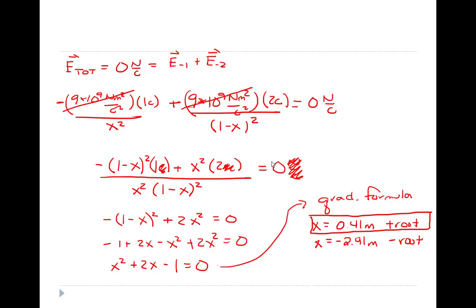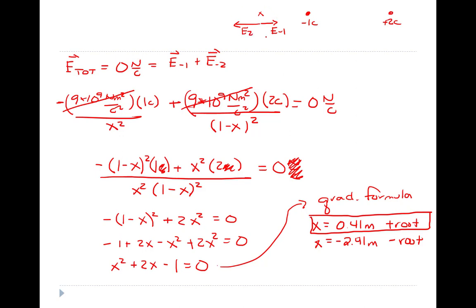So let's talk about that negative 2.41 meter answer. That answer is for a slightly different but related question. If I have a negative 1 coulomb charge, and instead of it being a negative 2, if this were a positive 2 coulomb charge, I would have the field due to the negative 1 pointing in, and the field due to the positive 2 pointing out.